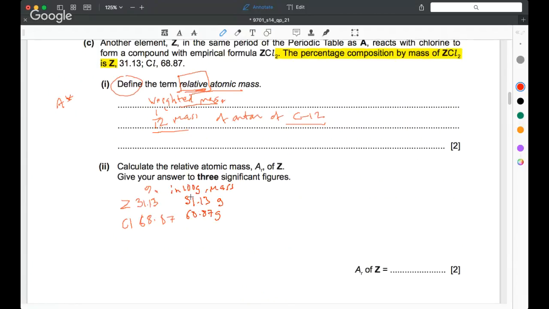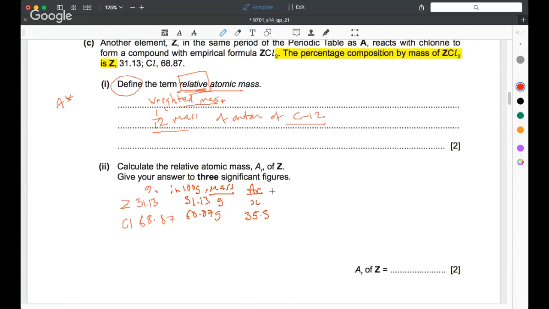We're just saying, if those are your percentages in 100 grams, these are the masses of Z and chlorine. Now, you can look up in the periodic table these relative atomic masses. We don't know the relative atomic mass of Z, that's what we're trying to find. We'll just call that X for the moment. But we can look up chlorine, and we said earlier that's 35.5.